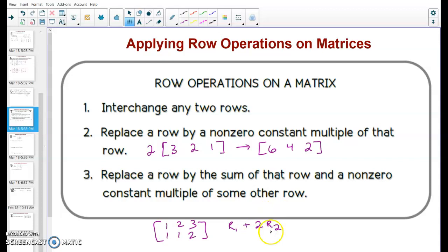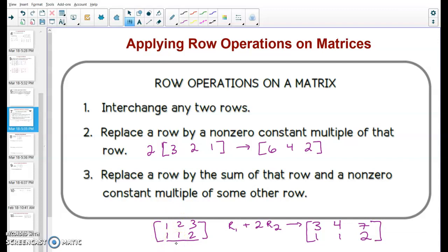So I can multiply row 2, this second one here, by a number and add that to my very first row to replace my first row. So my new matrix then would be, your second row will stay the same, 1, 1, 2. And then I'm adding, this would be 3, 4, 7. Okay, so I'm adding row 1 to 2 times the second row and just replacing row 1.